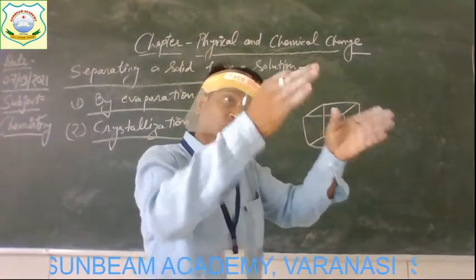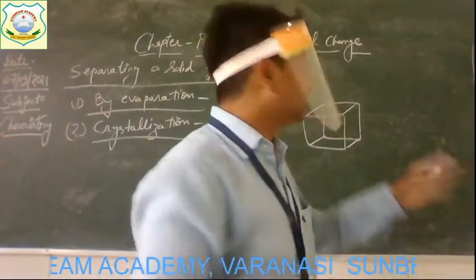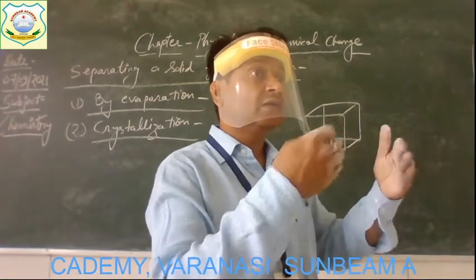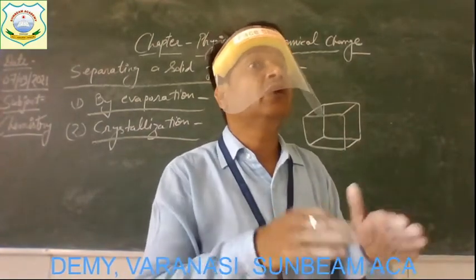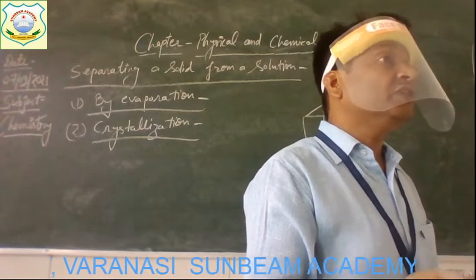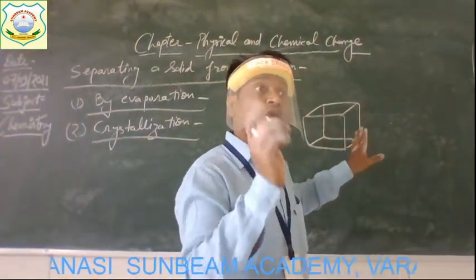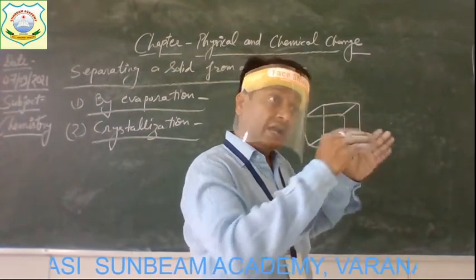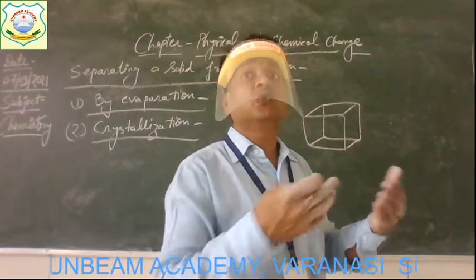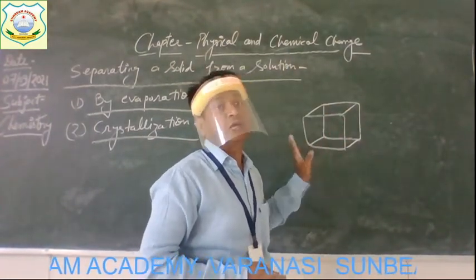So in any structure, the atoms or the molecules of that substance are arranged in a particular pattern, a regular pattern. And because of it, it provides which shape? Cube shape. So the molecules of sugar are arranged in a proper regular pattern to provide the shaped crystals of sugar.